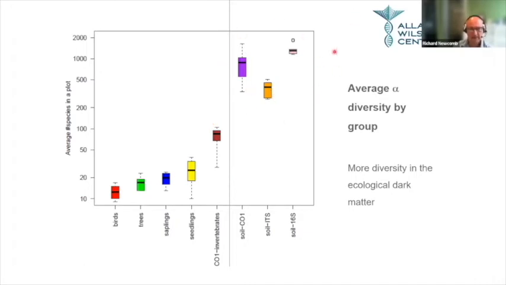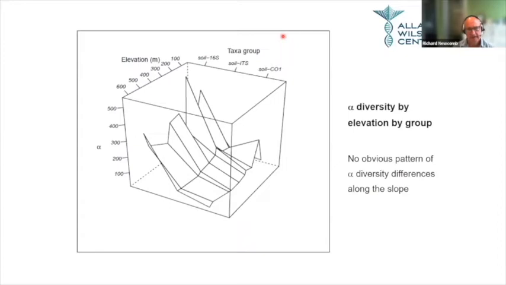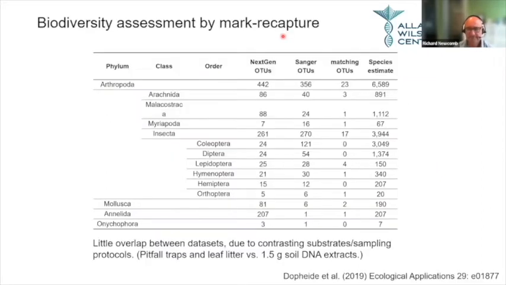And we can see that we're uncovering much more biodiversity when we are looking at this next generation sequencing metabarcoding data. And we can plot that data across the altitudinal gradients and also by type. We couldn't actually see any pattern here, but it just illustrates the way that we can assess these data.